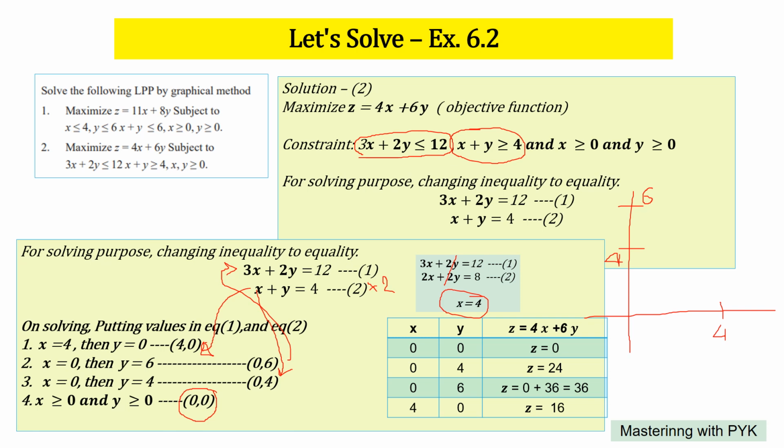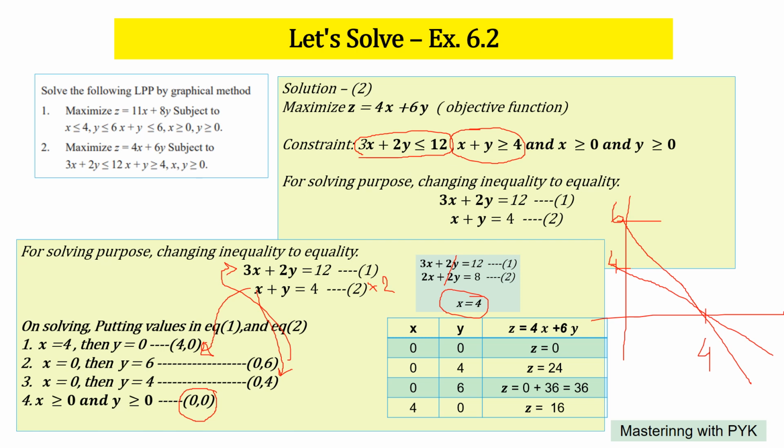Let's start again. If this is 4, we have y as 4 and y as 6. So we join these points.